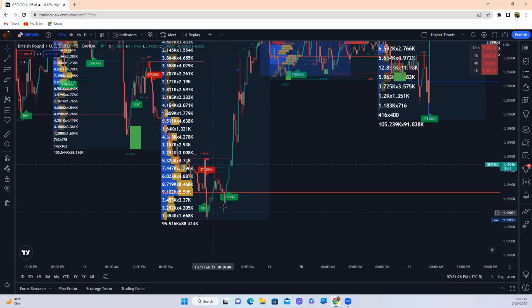Because that's where you've got trapped traders and unfilled orders, because you've got breakout traders that were looking for the market to continue to go down, which is why you're looking for that activity to be greater than the activity that was used to push the market up, because that becomes the liquidity.